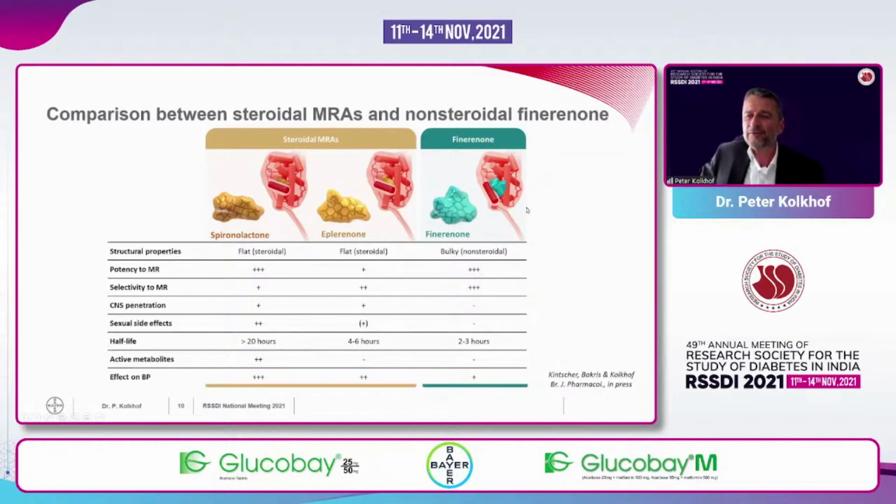Finerenone is bulky, leads to a different conformational change within the receptor, is most potent and selective in this combination, does not penetrate into the CNS in contrast to the steroidal antagonists, does not have any sexual side effects such as gynecomastia, has a remarkably short half-life of only 2 to 3 hours, has no active metabolites in contrast to spironolactone, which has several long-acting metabolites, and interestingly, a rather moderate and very small effect on blood pressure so far in clinical trials.